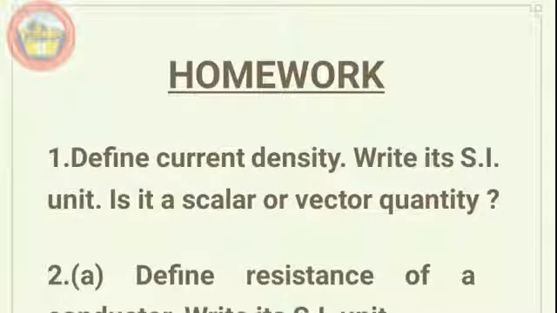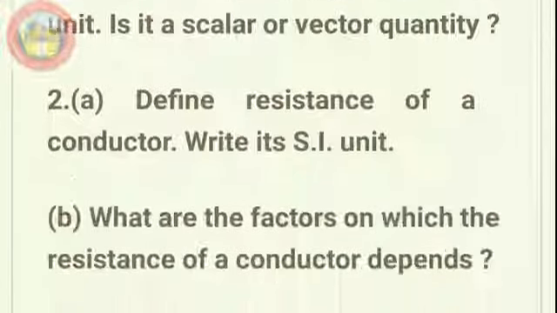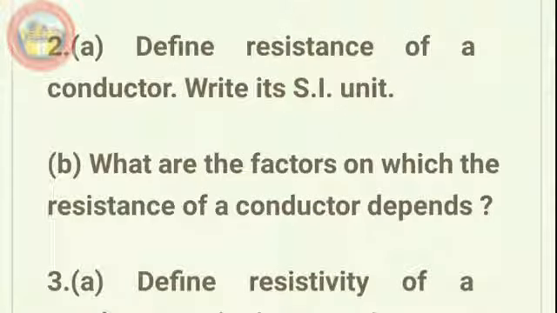Coming to homework. First question, define current density, write its SI unit. Is it a scalar or vector quantity? Second question, A. Define resistance of a conductor, write its SI unit.